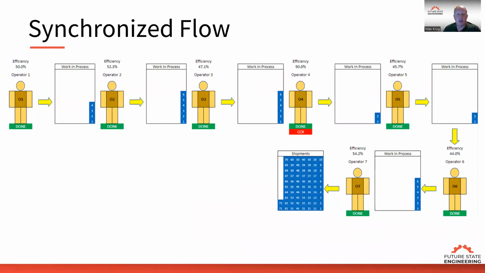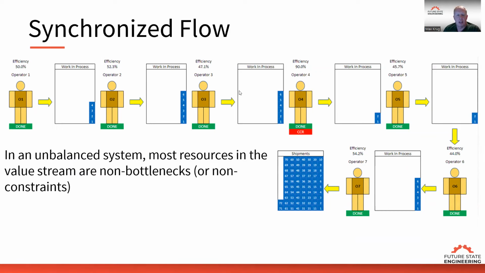So first I want to talk about synchronous flow. When we have synchronous flow happening, of course, to synchronize the flow, we need to have unbalanced capacity. And that means that most of the resources in the value stream are non-bottlenecks. So we could only have one pacesetter in the value stream, and that pacesetter is the capacity constraint resource, or pacemaker, whatever you want to call it.